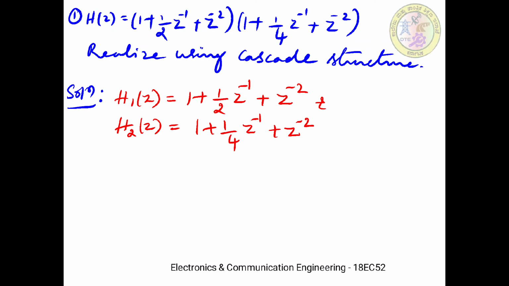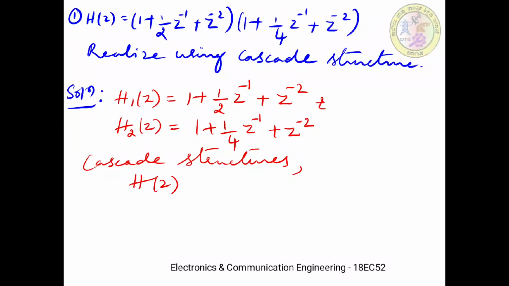So for the cascade structure, how do we write H of z, that is the overall system transfer function? It is equal to H1 of z into H2 of z.